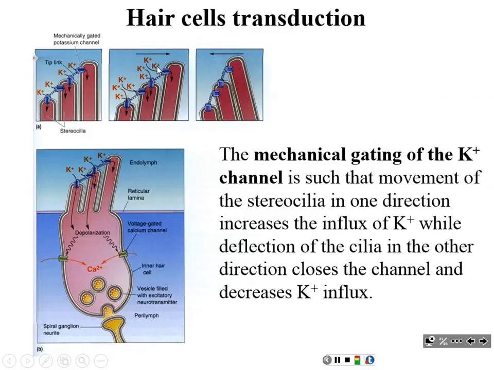And if they move towards the shorter one, those potassium channels close, and there is a decrease in the entrance of potassium. The entering of potassium induces a depolarization of the cell that triggers voltage-gated calcium channels, which in turn produces an influx of calcium, and that influx of calcium releases vesicles with excitatory neurotransmitter that impacts on the afferent neurons.